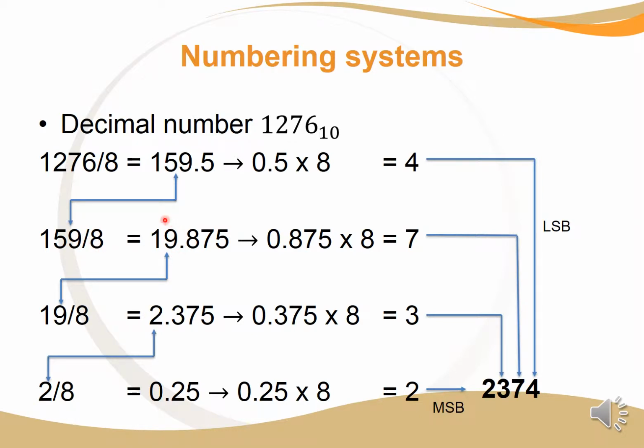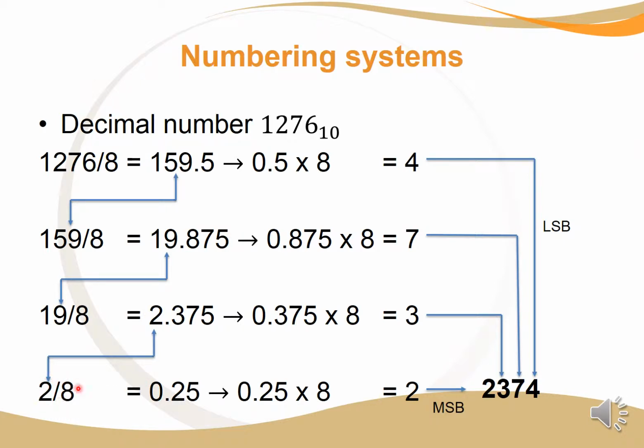The answer is 19, and we have 0.875. So 19 goes down, and we multiply 0.875 times 8. That is equal to 7, and that's the second number. We then have 19 divided by 8, which is 2.375. 2 goes down here, and 0.375 times 8 is equal to 3, so that's why 3 is there.